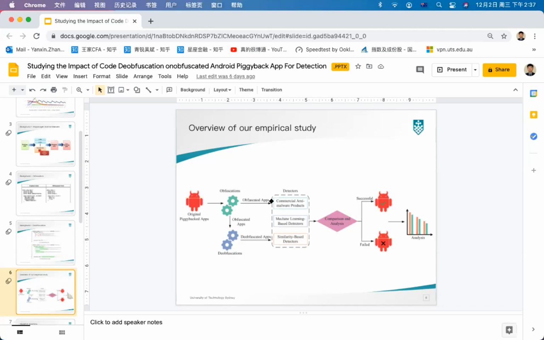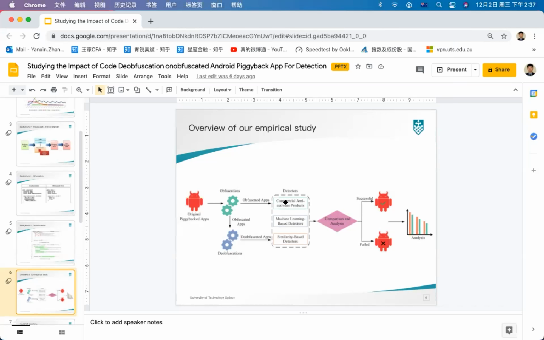Then we take this obfuscated set of Android malware, upload it, and use different antivirus engines to detect them, because these original piggybacked apps have a detection rate of 100%.